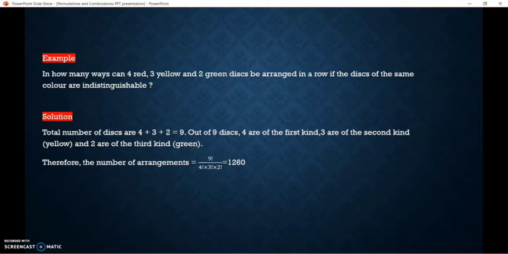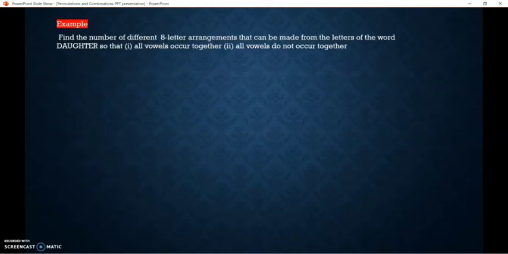Because in an examination, I won't have a calculator at my disposal, so I may not be able to calculate 9 factorial together, but I may be able to multiply a smaller number of digits, right? So if you do these calculations, what you get is 1260 possible arrangements of these 9 discs. Okay, right? So let's go to the next problem.